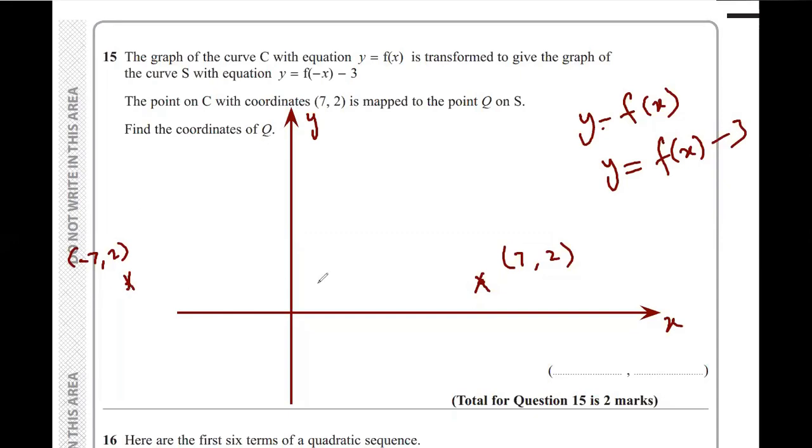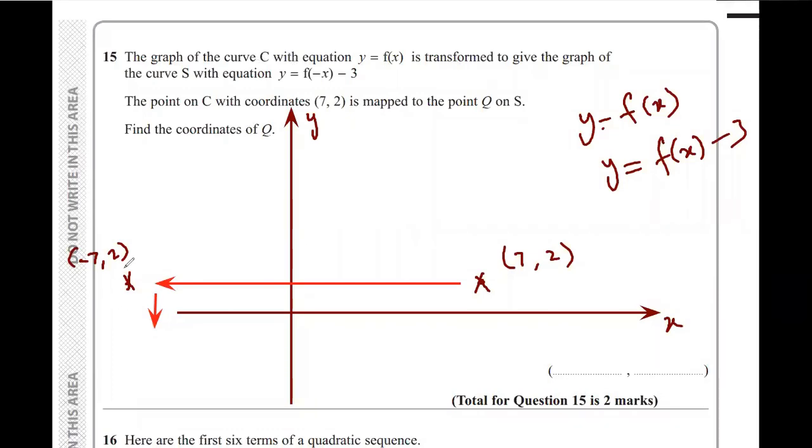So first of all, this was reflected in the y-axis, and then we need to think of translating this. First reflection and then translation of how many units?